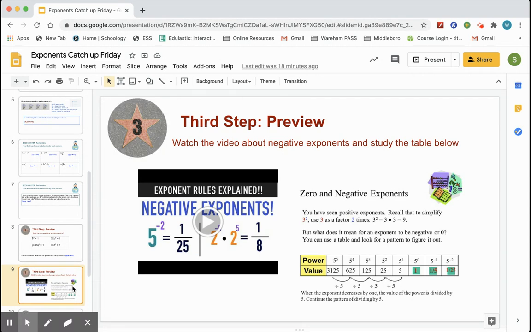And then we're going to try to make some generalizations. You may need to stop the video to watch what I have embedded in here. And this is by Mashup Math, and it's on the exponent rules.